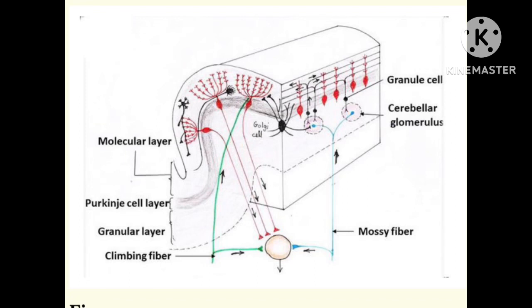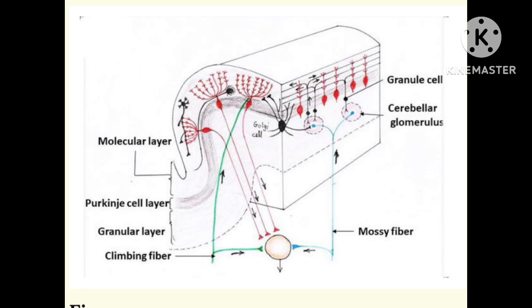So which types of neurons are present in the cerebellum? In the outer molecular layer, two types of cells are present: the basket cell and stellate cell. Their axons are present longitudinally to the outer layer. Cell bodies of the Purkinje cells lie in the Purkinje cell layer and their processes are directed upward into the molecular layer.